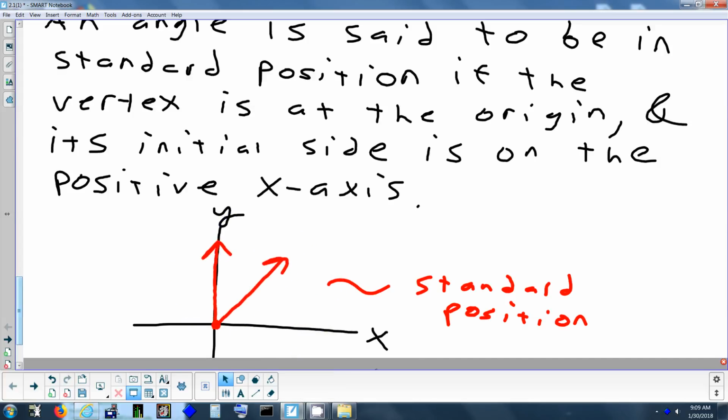Is that in standard position? No. Now the vertex is at the origin, but the initial side is not on the positive x-axis. The terminal side is on the positive y-axis, but that means nothing. The initial side has to be just like that. Any questions on what it means to draw an angle in standard position?